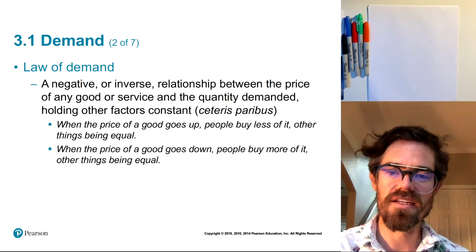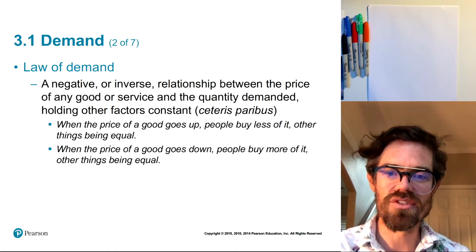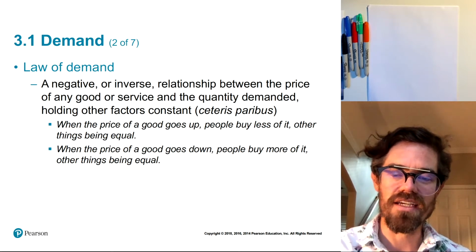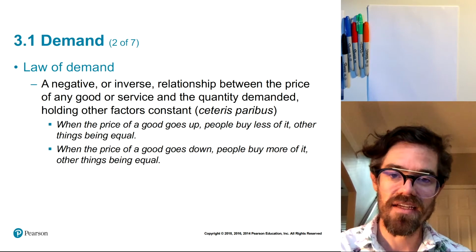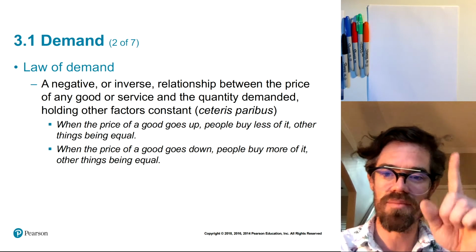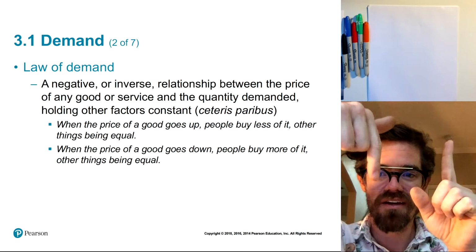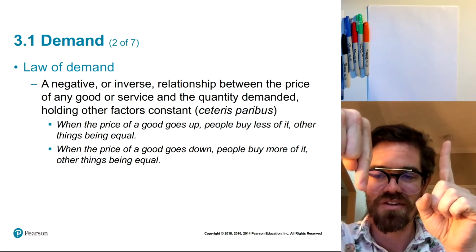But the law of demand is basically the fact that there's a negative or inverse relationship between the price of any good or service and the quantity that is demanded at each given price. There's an inverse relationship, meaning they move in opposite directions. So if the price goes up, the quantity demanded will go down.